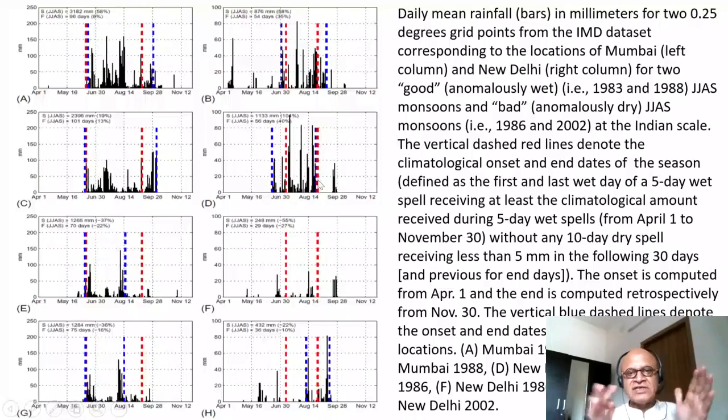So the length of the season and the number of rainy days are not that systematically related over Delhi, so you cannot look at number of rainy days and intensity of mean rainfall and so on. And similarly here, the onset couldn't even be properly defined in this year, and here the onset was much later or defined in a very erratic way, and withdrawal happened later.